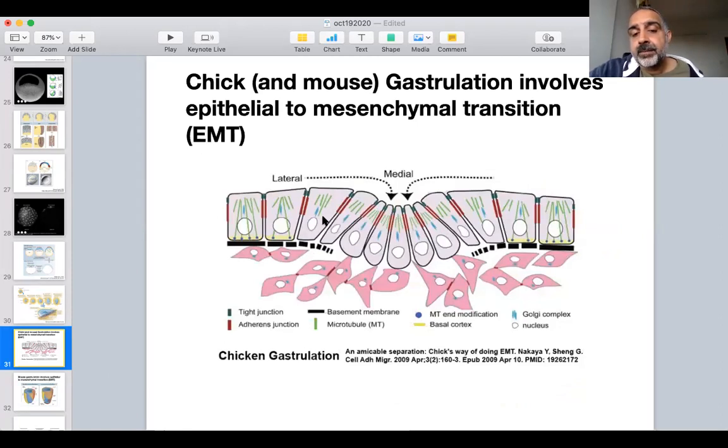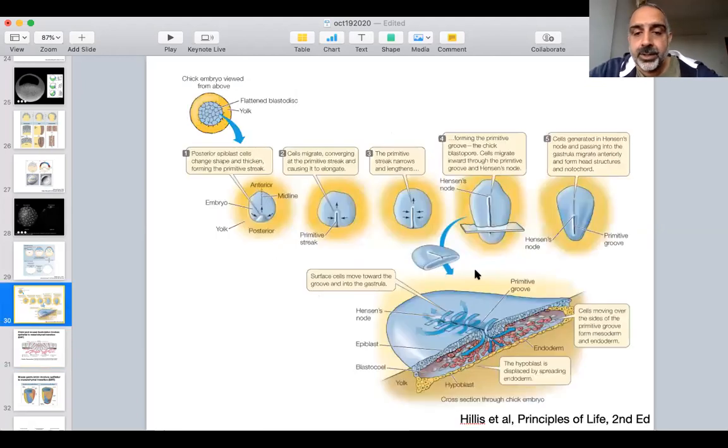So basically, when the embryo is set up, all the cells are essentially epithelial, but many of those cells will transition to mesenchyme. And so this is what you're looking at here in the streak region.